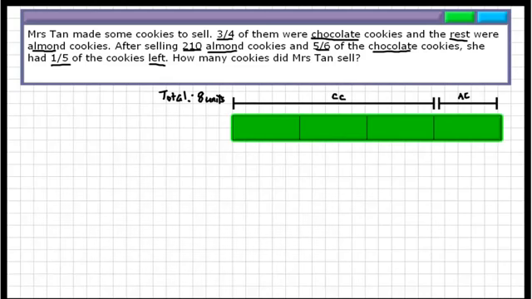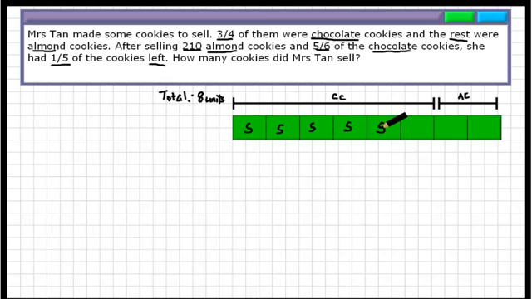And we shall have 8 units here. 6 units will be for chocolate cookies and 2 units for almond cookies. So now we can label the chocolate cookies properly. 5/6 was sold, so we will have 5 units here out of the 6 units under chocolate cookies.